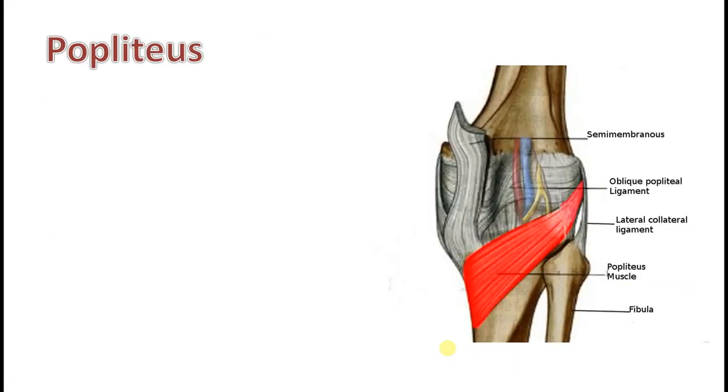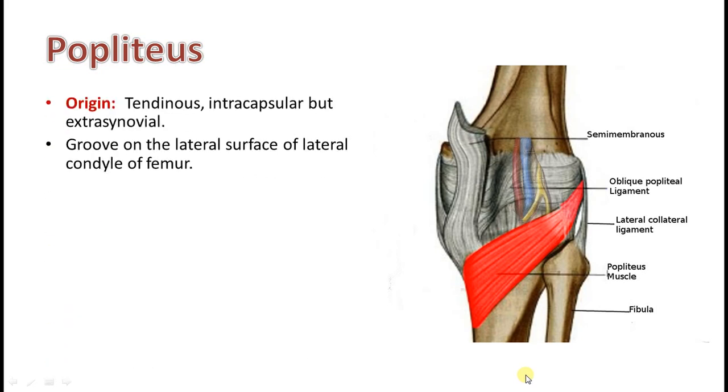Next, we are finished with the superficial group of muscles, the gastrocnemius, soleus and the plantaris. Now, the popliteus muscle. The action of popliteus we have already discussed extensively in the knee joint. You all know that it is the unlocking muscle of the knee joint. Now, we will see the origin and insertion.